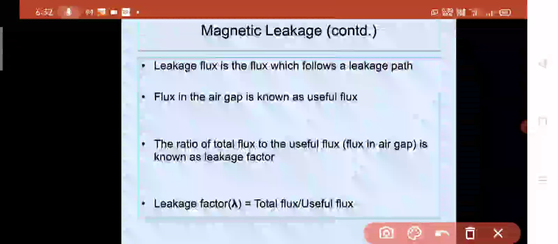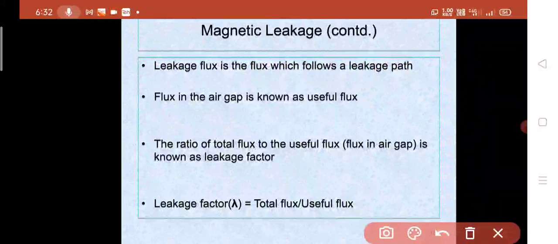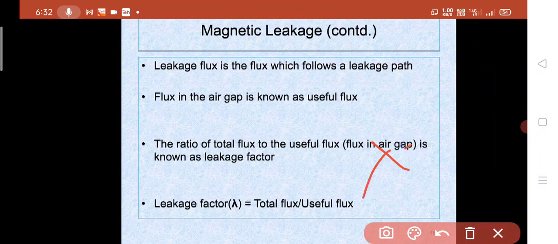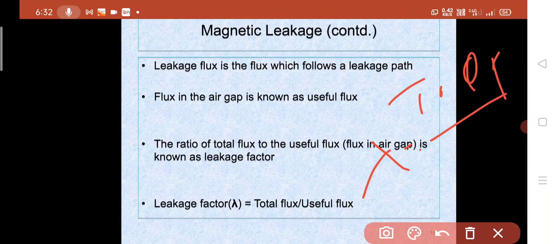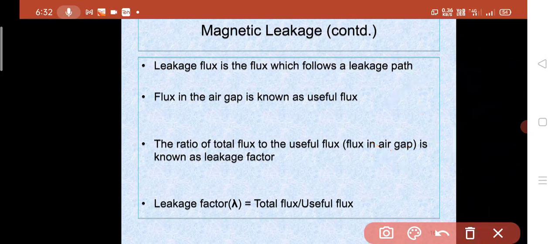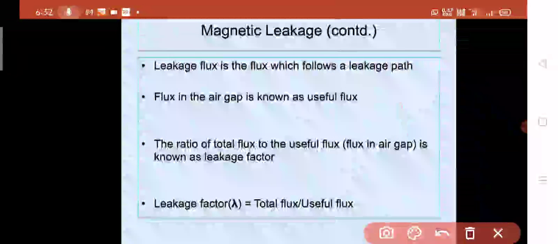So lambda is equal to total flux Φt by useful flux Φu.